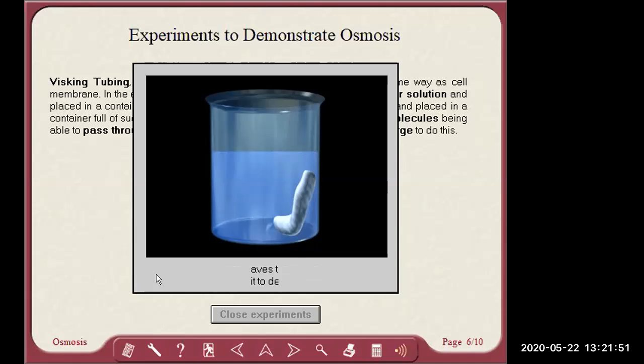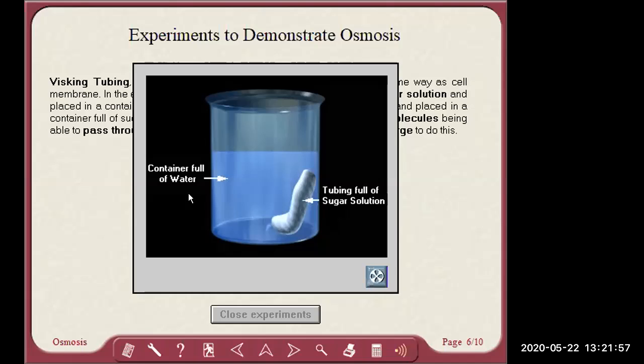Let's return to the first experiment again. Just look at this. Remember, the water here is pure water, and this tube contains sugar solution. Remember we talk about osmosis as the movement of water from an area of high concentration to an area of low concentration. So what we have here is that this water would have been your high concentration.